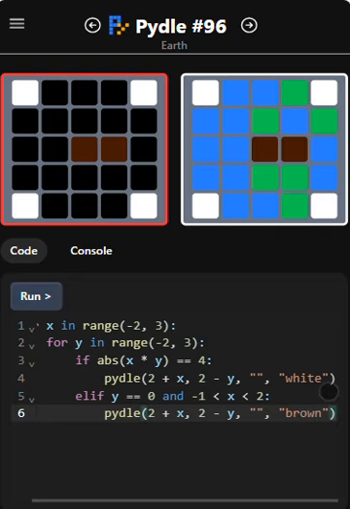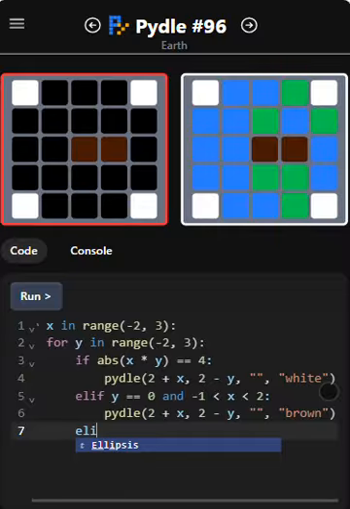The greens seem to be fairly randomly scattered, so I'm just going to specify their coordinates in a list. So elif, going to create a tuple so we can compare x and y in one go.